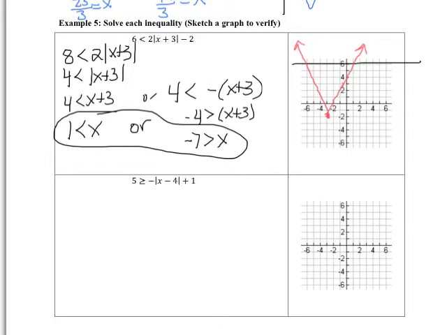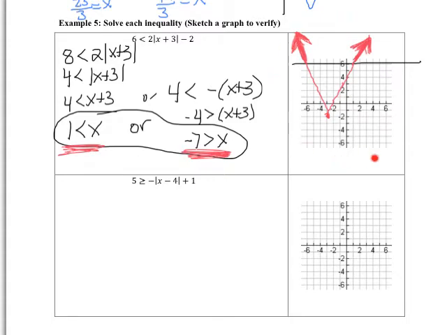So the spots that are of interest to us are this portion, because the absolute value is above the line there, and this portion, because the absolute value is above the line. So that is why we have 2 separate answers, or an answer that consists of two parts.